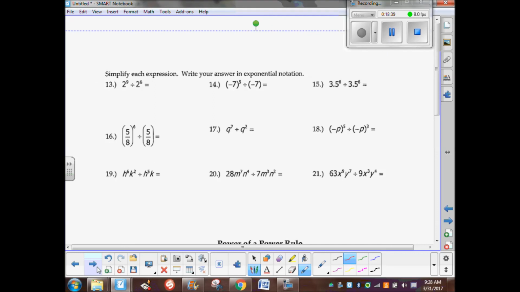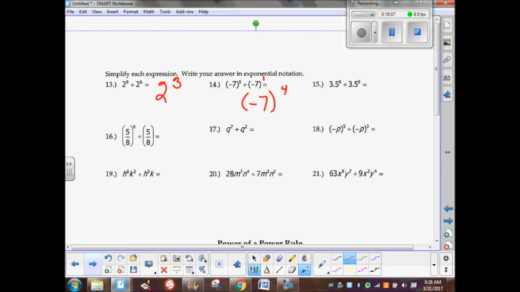Simplify each, write it in exponential notation. Who's got 13? Alexis. 2 to the 3rd. Like bases, subtract the exponents. 14. Claire. Careful. Parentheses, negative 7 to the 4th. 15.